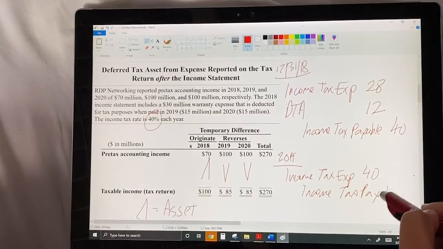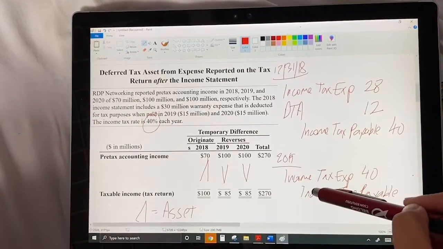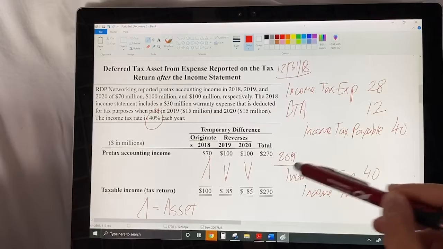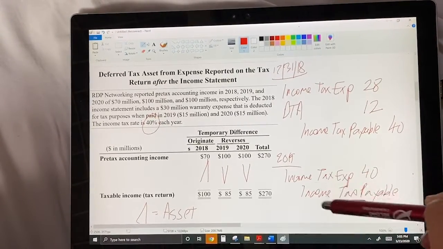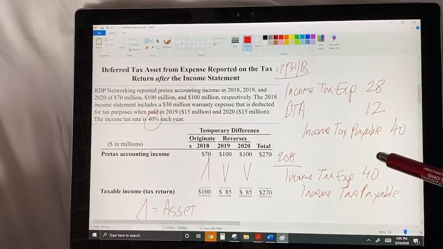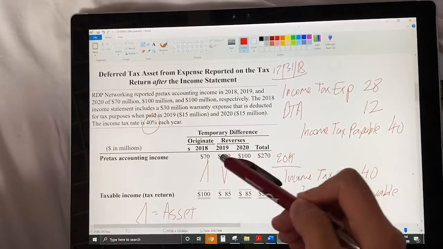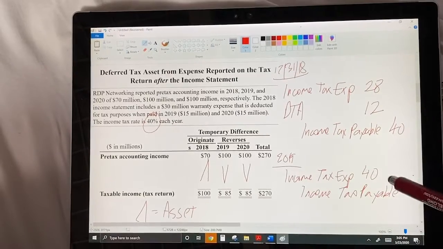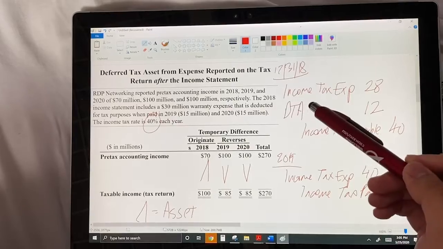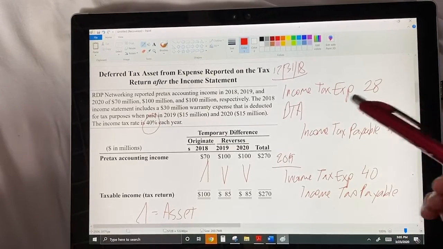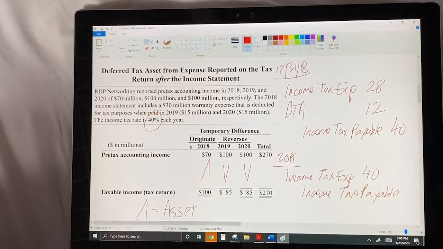I think honestly it's easier to debit income tax expense and then credit income tax payable, because those two never change, they never switch. It's always just going to be whatever the tax rate is for that year, multiplied by whatever the value is, and it stays that way. And then you just got to know whether it's a DTA or a DTL, and which debit or credit side it is.